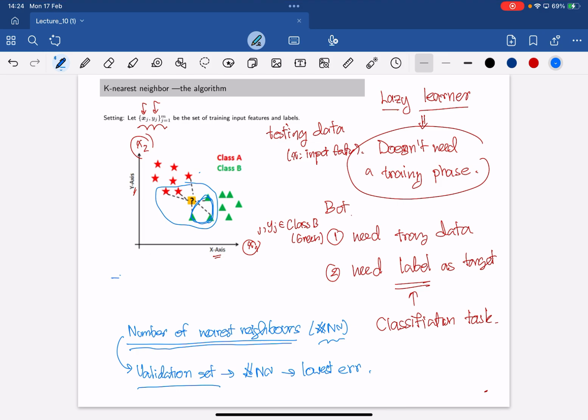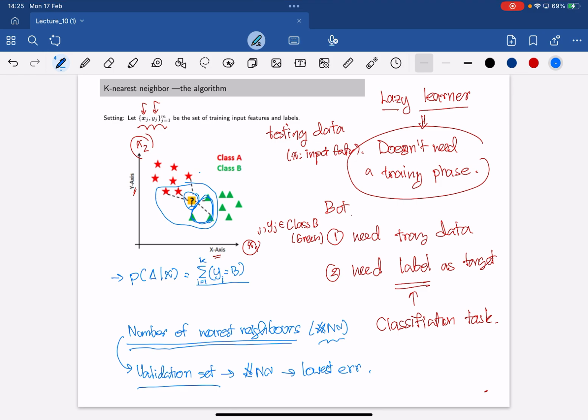Let's say for this, you will have the probability that this X belongs to green, and I would write it as the sum of all the Y in the training set that were in class B, over the neighbors i equal to 1 to k.